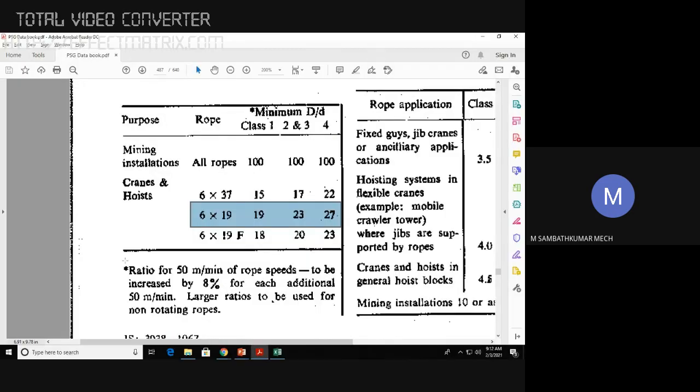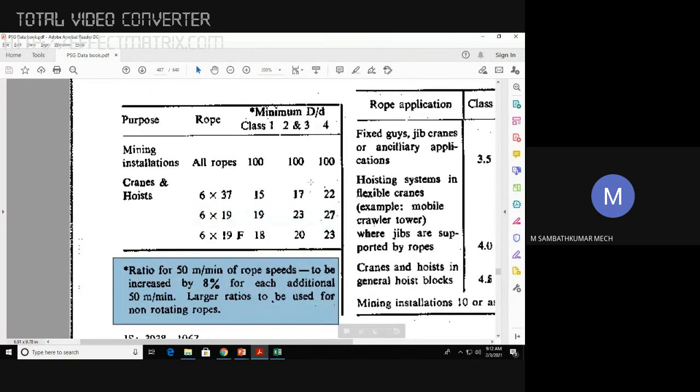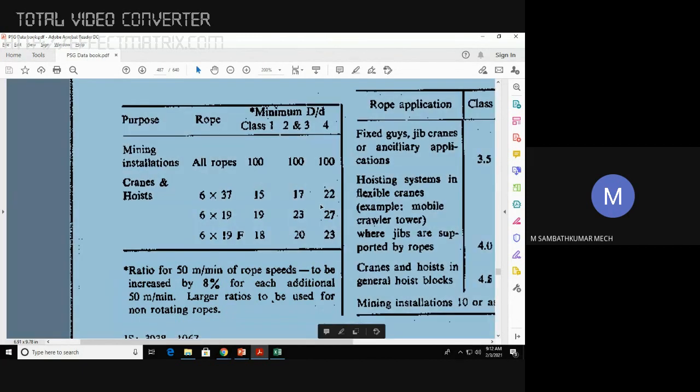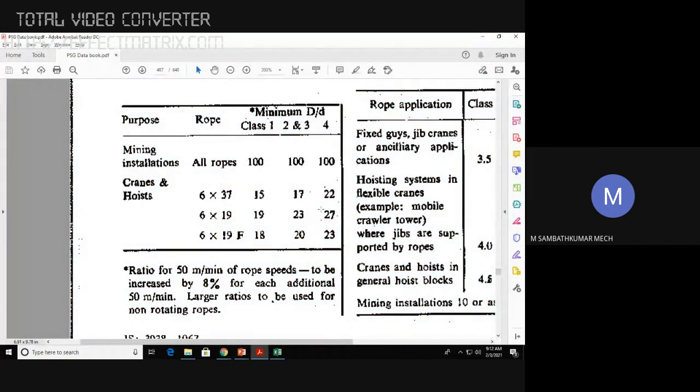Below the table, one condition is given: the ratio is for 50 meter per minute. That is, the D by d ratio value is only for 50 meter per minute. For example, if the velocity of the rope is 50 meter per minute, the D by d ratio value is equal to 27.